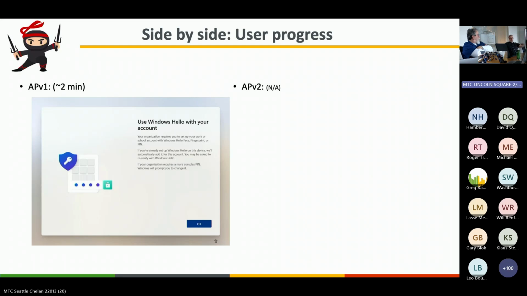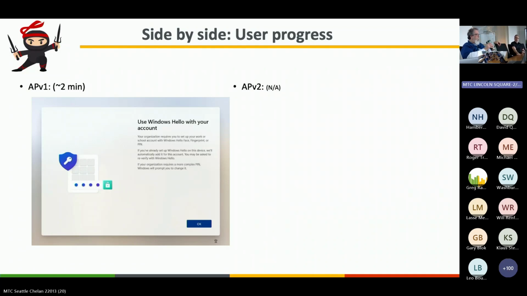Whether that's machine apps that still might be installing in the background or anything user targeted that would be installing in the background, the company portal would be able to display what's still happening on the device. And in theory, you as the user could then say, I'll just close it. I don't care. It can continue to run in the background. I don't need to see it. If you really want to know, you can just leave the company portal up on the screen and tracking the progress of everything else.